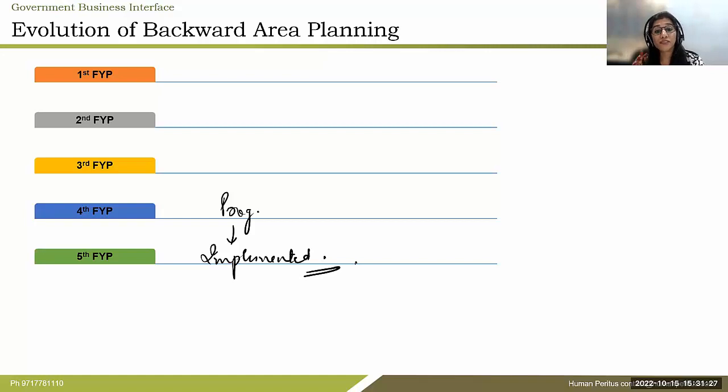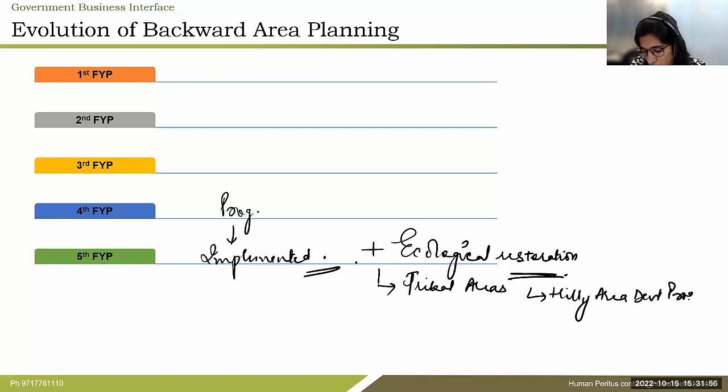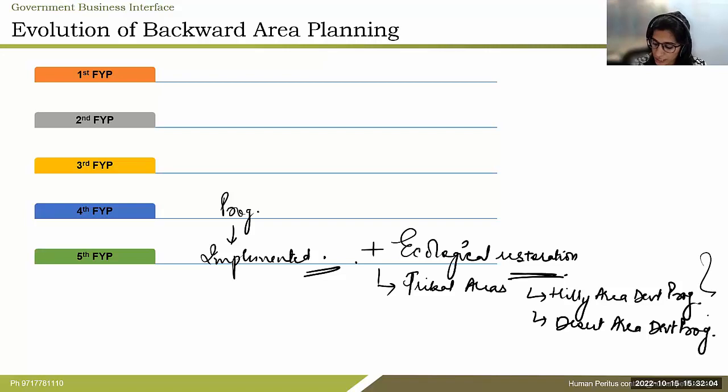And the fifth 5-year plan focused on the ecological restoration of the backward regions, on how these areas can be restored ecologically. It had a specific focus on the tribal areas, on the hilly areas with the hill area development program, and then the desert area development program.